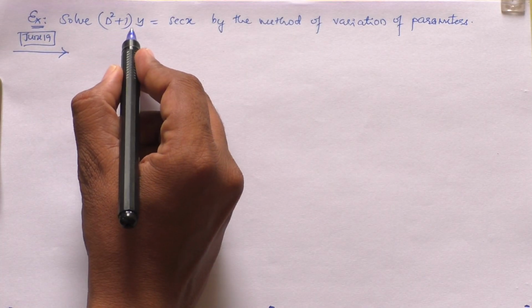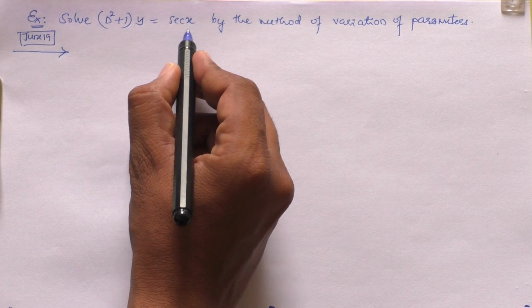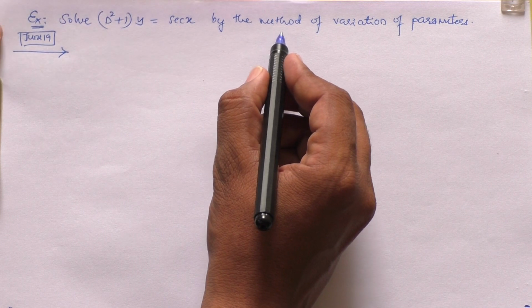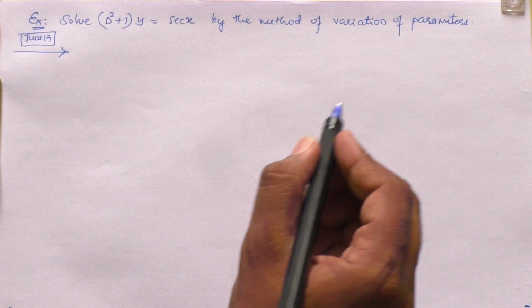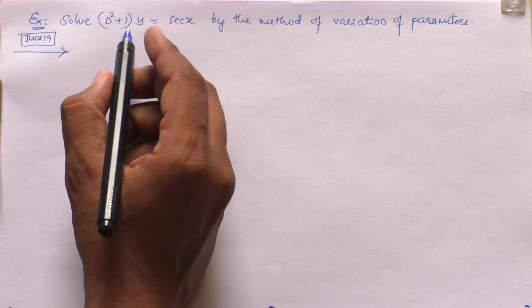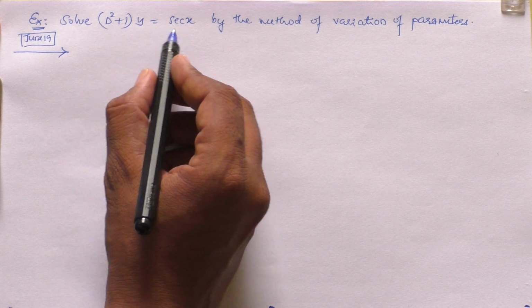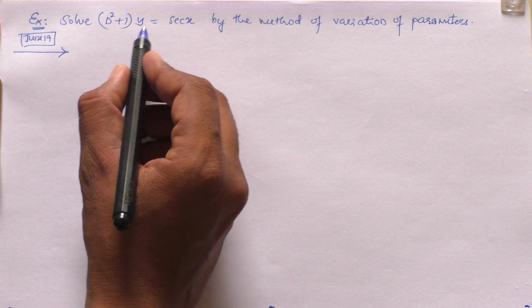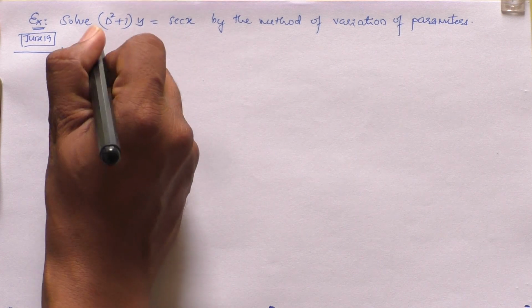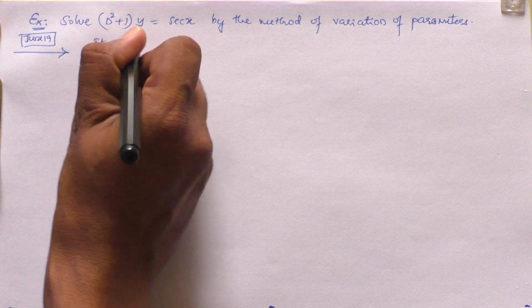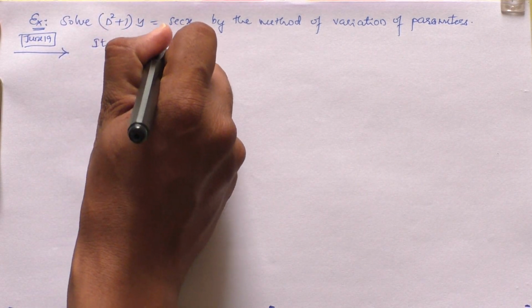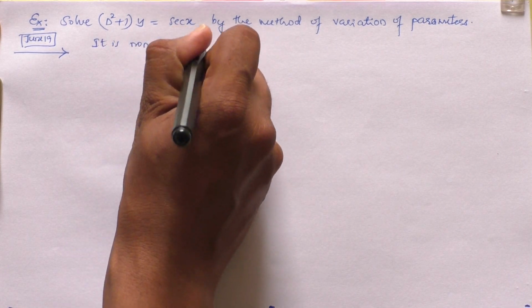To solve (D square plus 1) y equal to sec x by the method of variation of parameters. Look at the given differential equation: it has y as well as x, so it is a non-homogeneous linear differential equation.